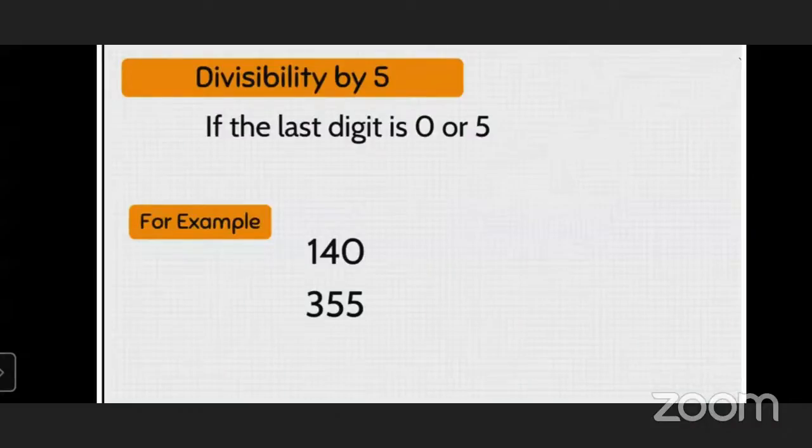Okay, 80, 80 is divisible by 5. Very good. And 86, 86 is not divisible by 5. 95 is divisible by 5. 100 is divisible by 5. Very good. If the last digit, or the unit place digit, is 0 or 5, the number is divisible by 5.